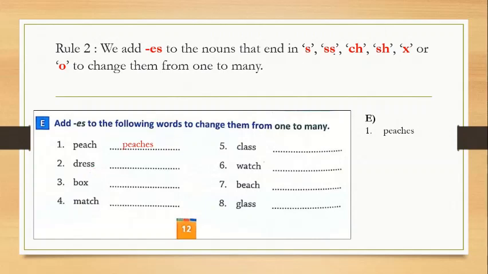Now SS is in the list, so we add ES at the end to change dress to dresses. Next word is box, which has the last letter X. Can you see X here? Yes. So since the last letter is X, we add ES. Box, boxes.